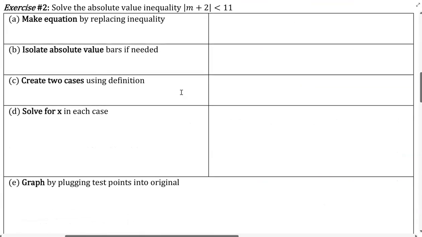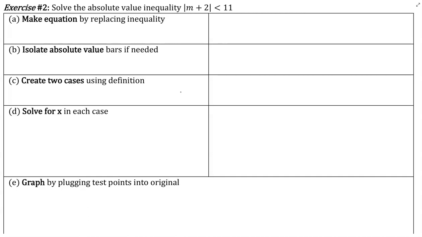In exercise 2, we're asked to solve the absolute value inequality: the absolute value of m plus 2 is less than 11. And so our very first step is actually to turn this into an equation of sorts, which means that we're just going to rewrite the question, but instead of an inequality, we're going to use an equal sign.